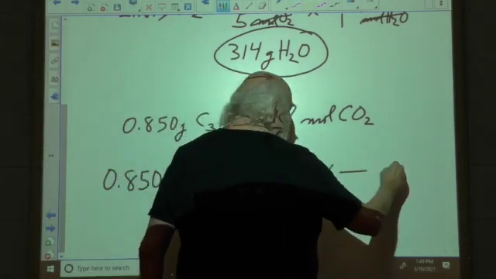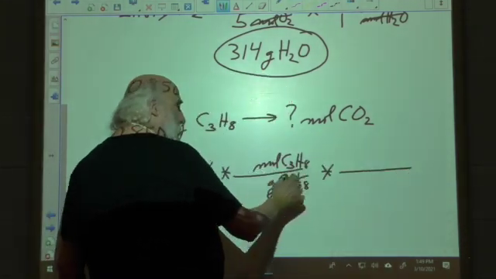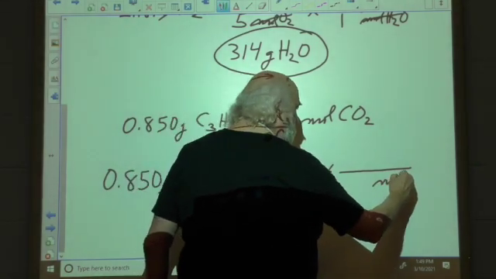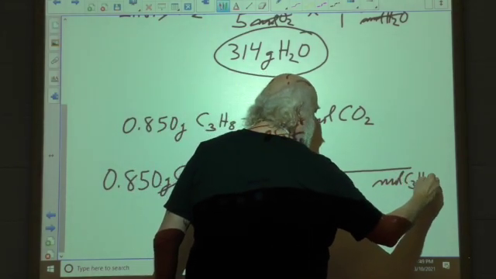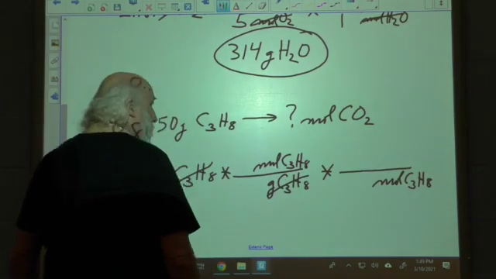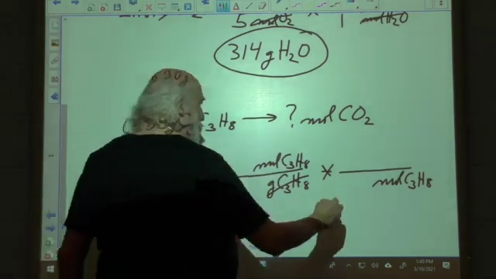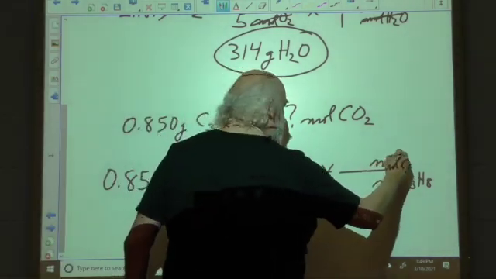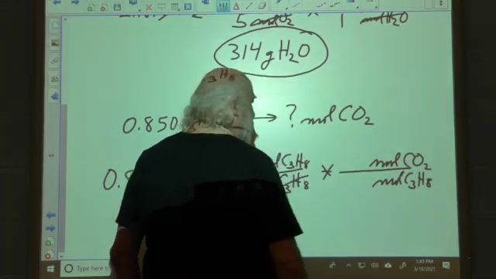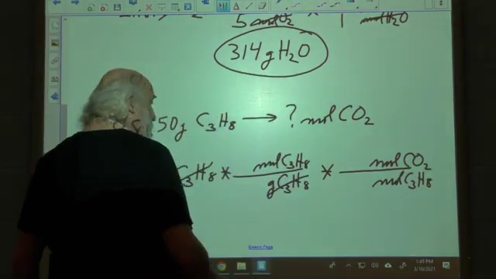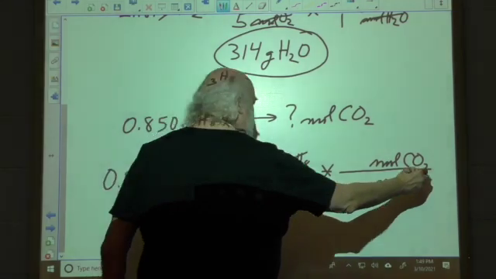And then we're going to multiply it in this fraction. Moles of propane on top means you have moles of propane on bottom. And then we want to change that to moles of CO2. That's the ultimate goal, which we can do because we can go from moles to moles using the equation at the top there. This cancels out.